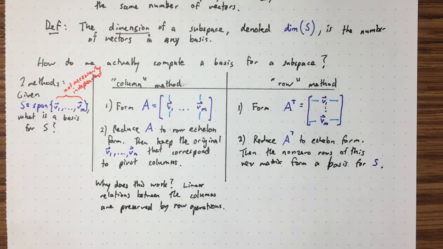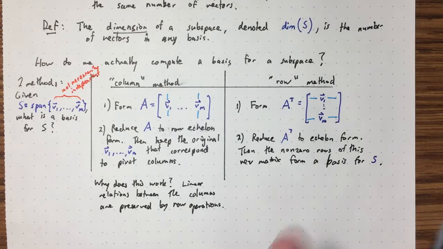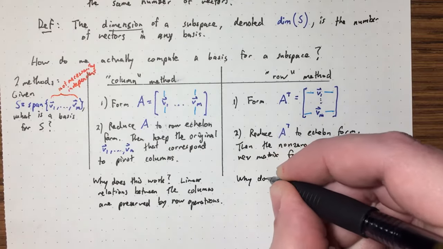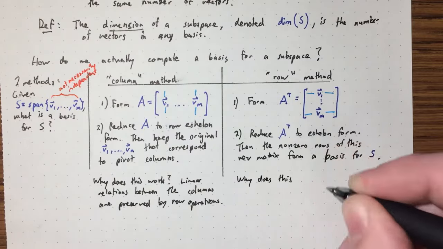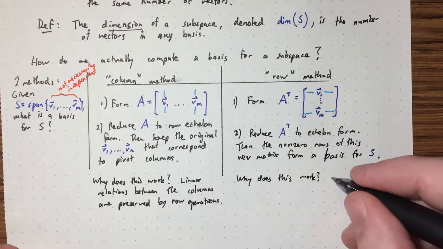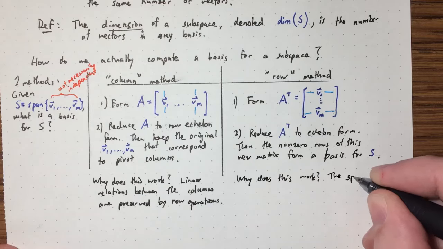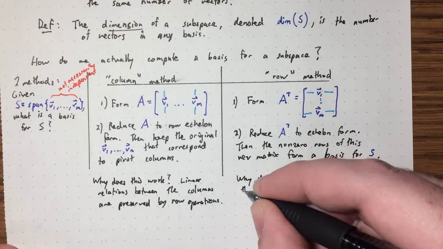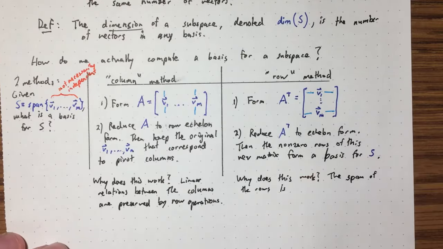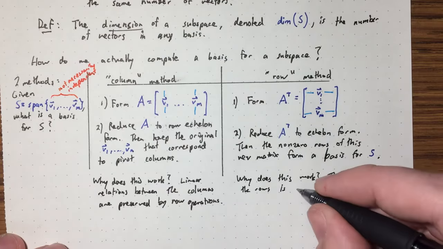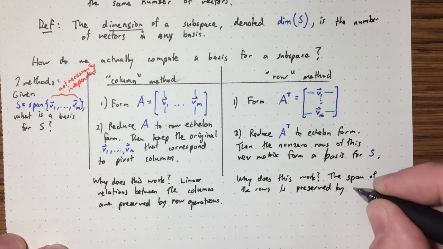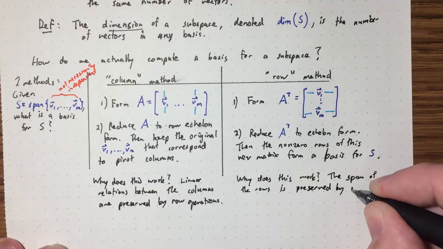It's a little tricky. Again, we'll see both of these in an example, but I want to give some idea of why this works. Why can't we just take the new rows that we get? Well, it's because the span of the rows is preserved by the row operations.